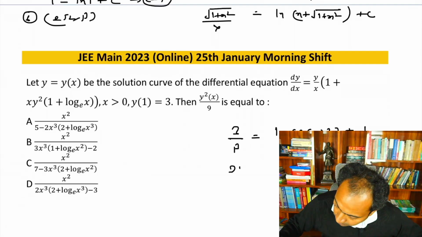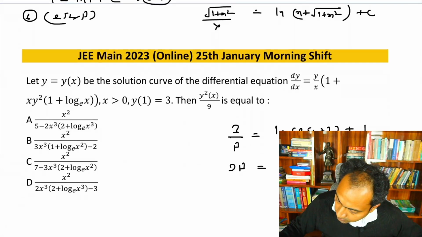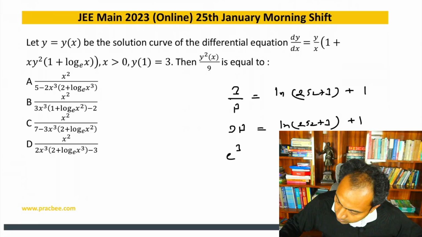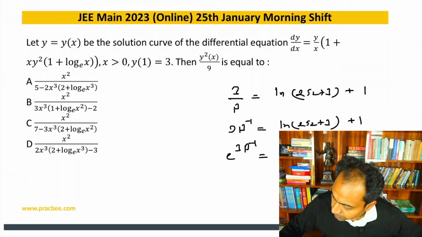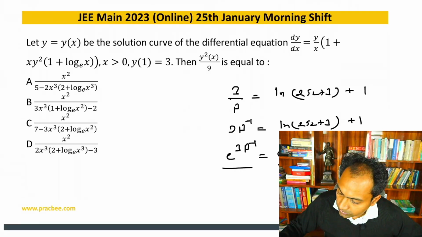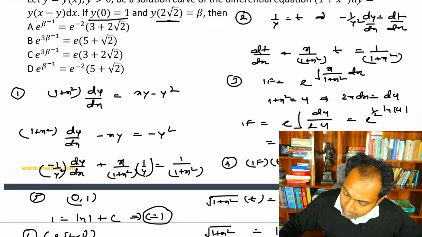So 3 by beta equals ln of 2 root 2 plus 3 plus 1, and if I raise to the power of e, beta will be 3 raised to the power minus 1, and then this will become 2 root 2 plus 3, and this will become e. If you check the options in this question, you can see that it is option C.